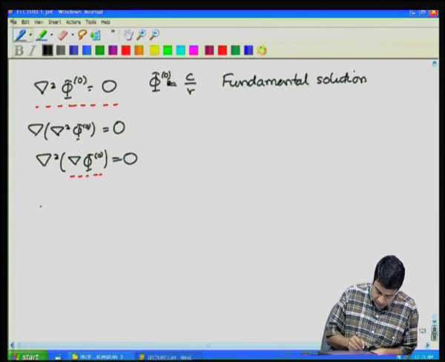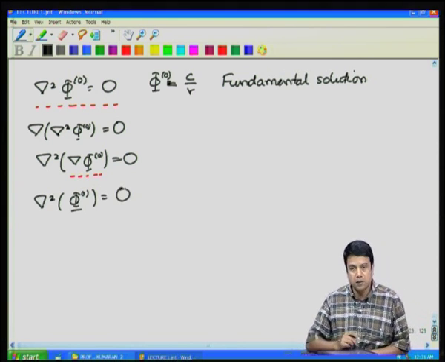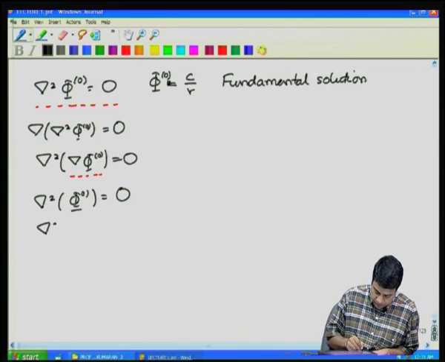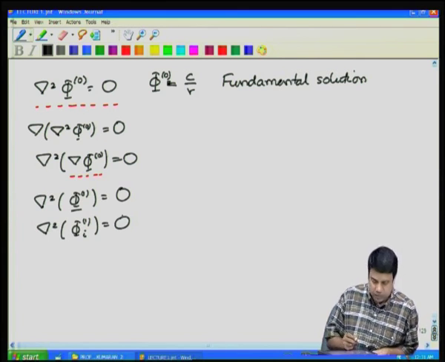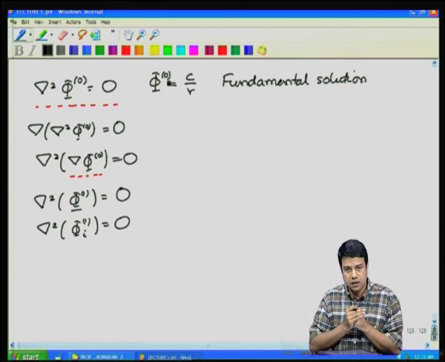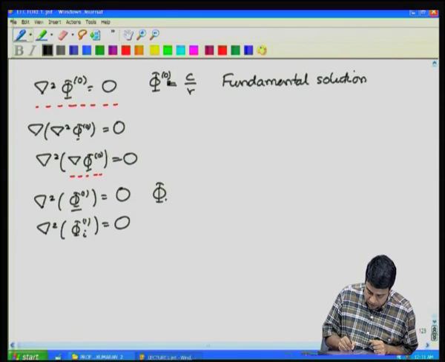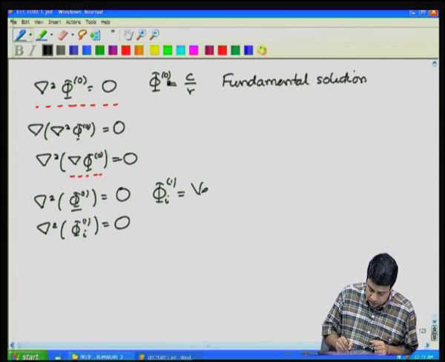Del square of phi 1 vector, this is also a solution of Laplace equation. In indicial notation, I write this as del square of phi 1 i is equal to 0. So, that means that this is also a vector solution of Laplace equation. It is a vector solution.